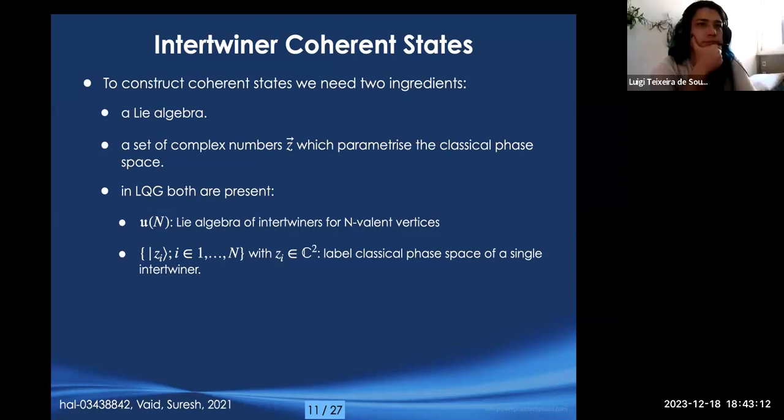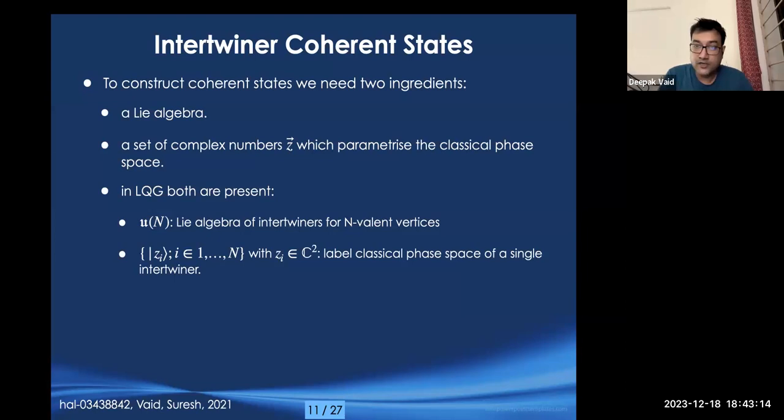So one can actually construct a classical phase space associated with those holonomies, and the construction is quite elaborate. So it's not important for our purposes. But that classical phase space is labeled by n complex numbers.